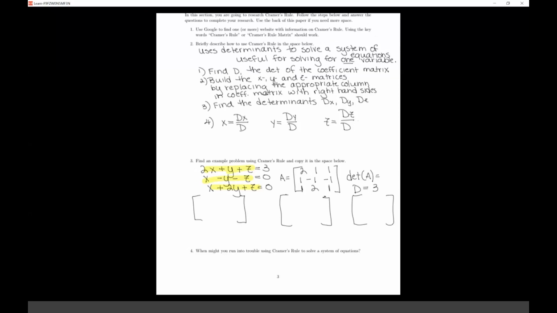Normally my first column is X, my middle column is Y, my last column is Z. So I'm going to wind up replacing those columns in these matrices with the right-hand sides. I'll just copy over the coefficient matrix in all of these, and then we'll go back and erase the column that is going to be replaced.